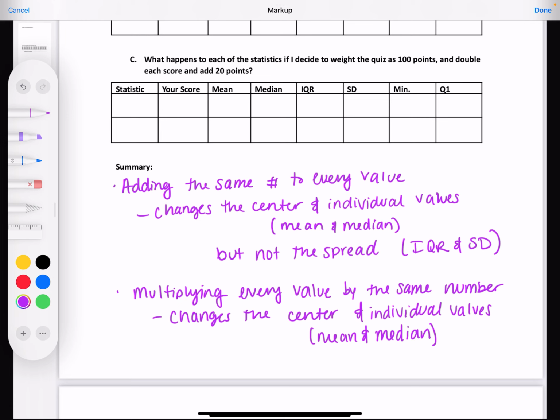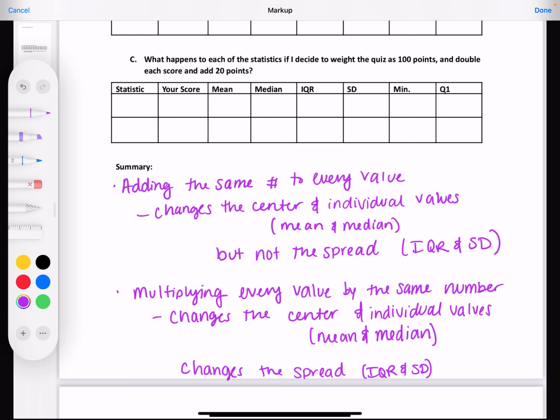But the difference with multiplication and addition is that multiplication also changes the spread, your IQR and your standard deviation. So when you multiply, it changes everything by whatever the factor is. When you add, it changes everything except your spread. So it changes everything but your IQR and standard deviation.